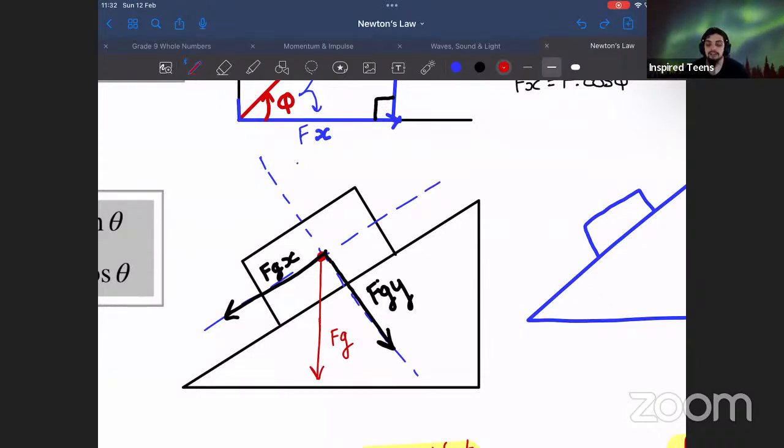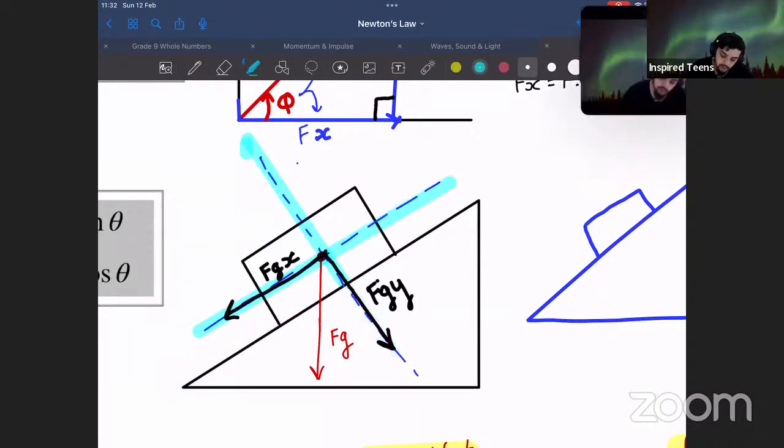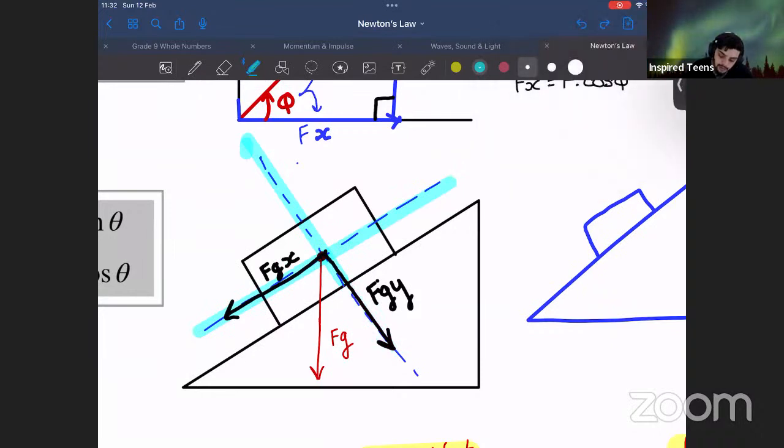Okay, the slope is now slanted, and therefore our horizontal always stays parallel to the surface. Our horizontal dotted line always stays parallel to the surface. So that's the direction of the surface. That's the direction of our horizontal. And therefore, perpendicular to our horizontal will always be the vertical. So the vertical is going to be that.